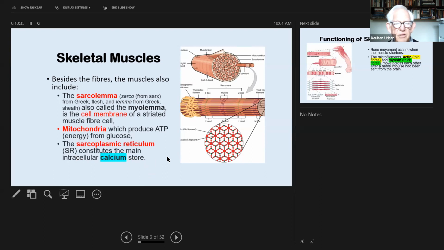Now, the sarcoplasmic reticulum, okay, so that's this thing here, it constitutes the main intracellular calcium store. Now, if you are short of calcium in your diet, you get a problem because you either will not be able to move your muscles or you lose calcium out of your bones. And you can't move your muscles without calcium.